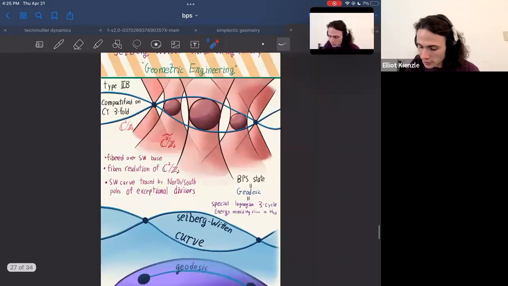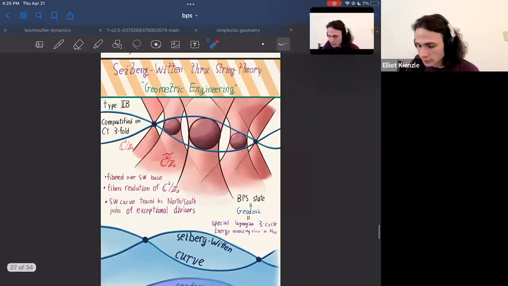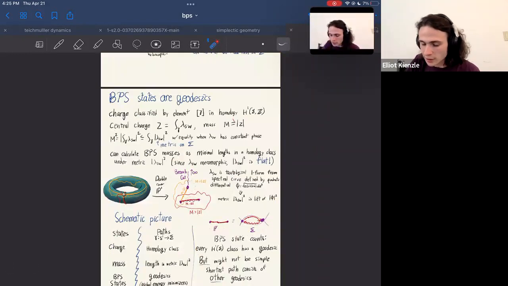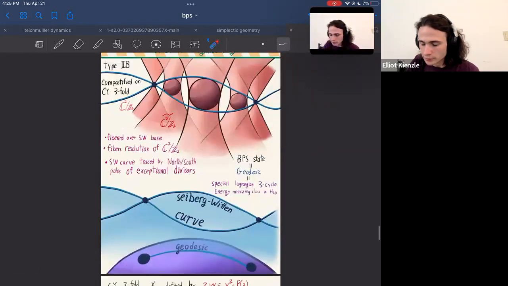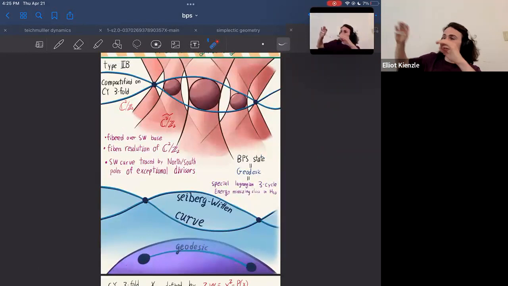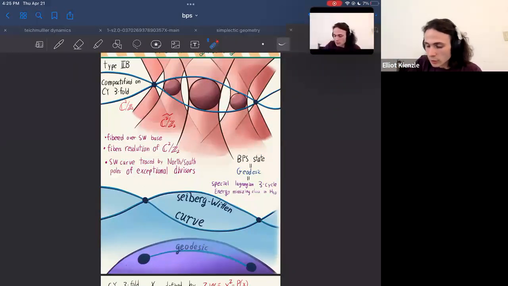So in particular, we're going to take the base curve to be like the base of our... what is the base curve? The base curve is like the P1 that we're double covering, right? So the Seiberg-Witten curve is a double cover, but we can think about it a different way as these copies of these spaces where we're tracking the spheres.